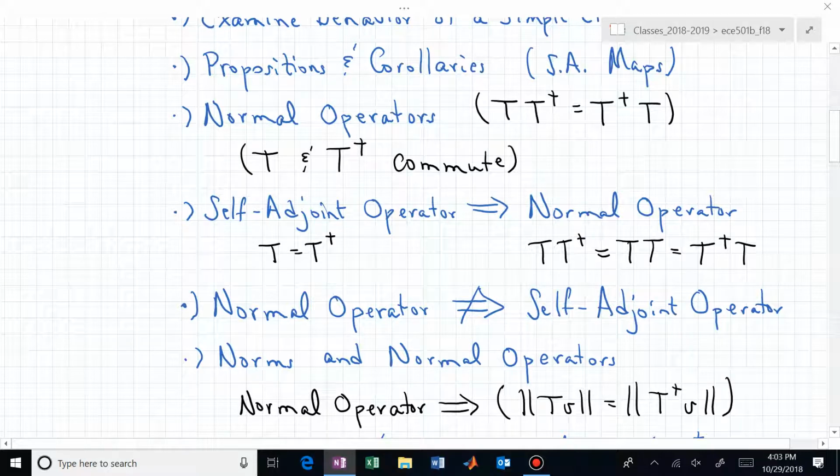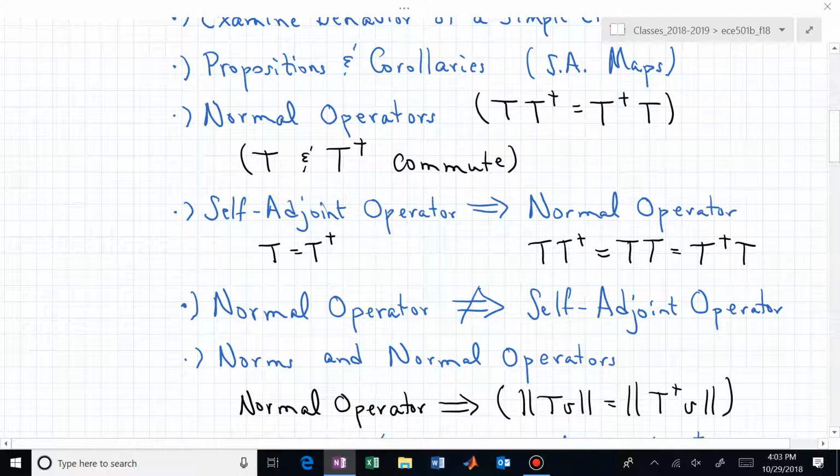In one way of thinking about a normal operator, you can think of it as combining the linear map with its adjoint, and if it doesn't matter how you order those, which one you perform first and which one you perform second, then that linear map is a normal operator.